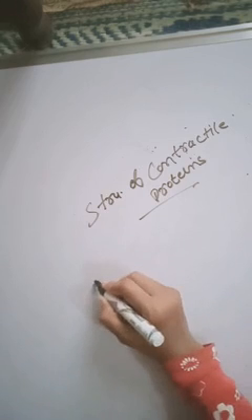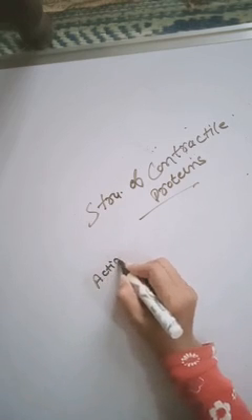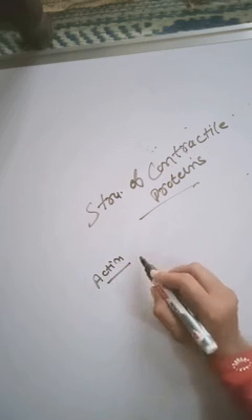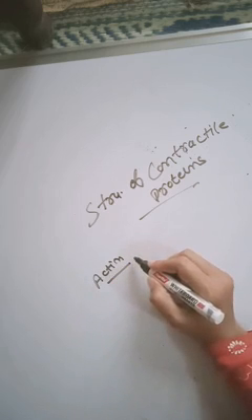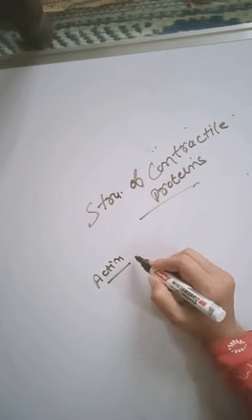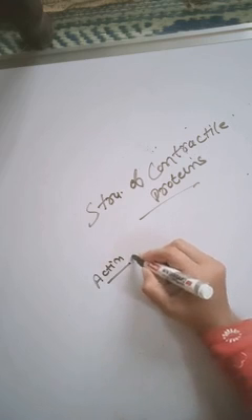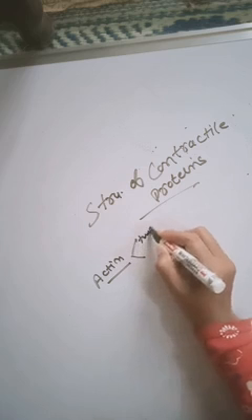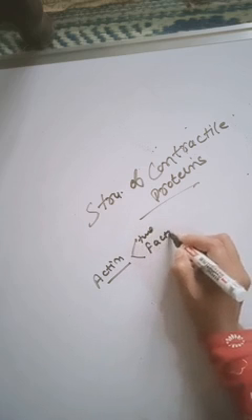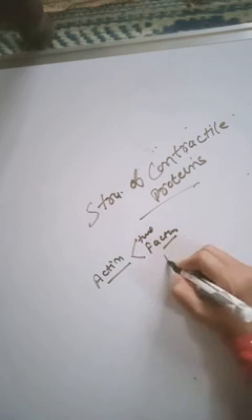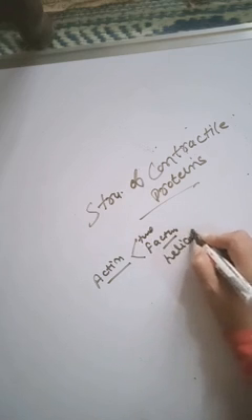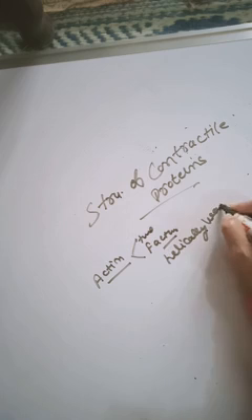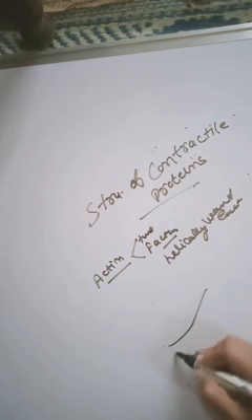Each actin filament is made up of two F actins, helically bound to each other like this.